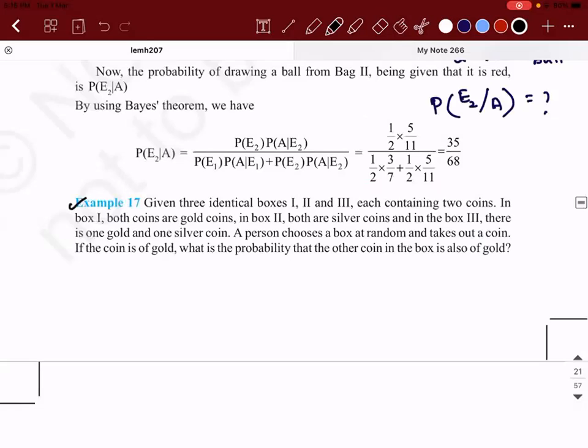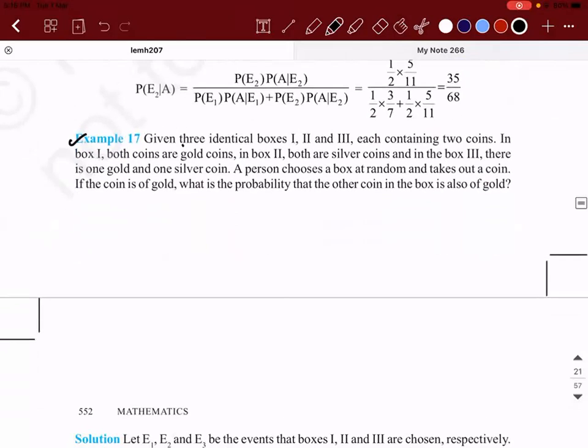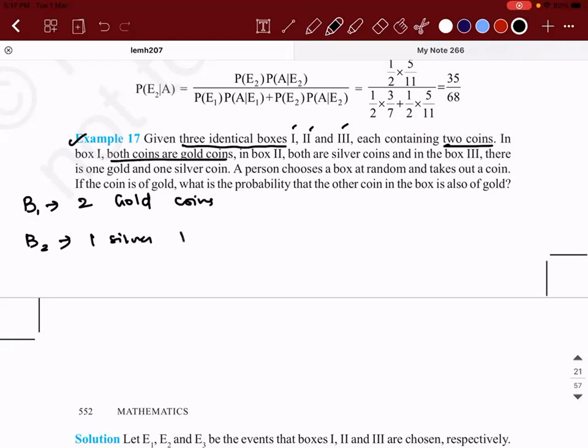See, question 17. You are given 3 identical boxes, 1, 2, and 3, and each contains 2 coins. Box 1 contains 2 gold coins.